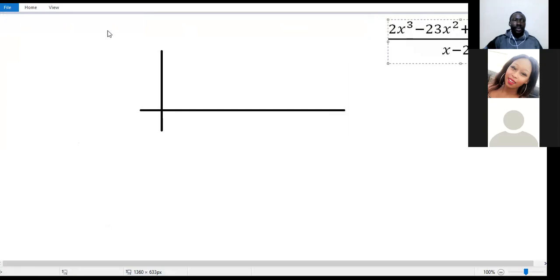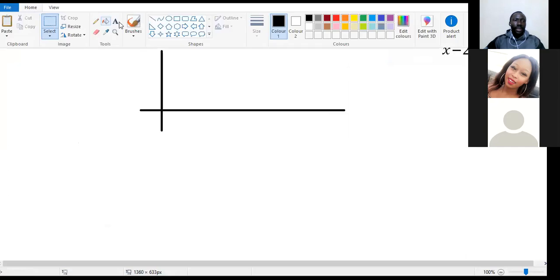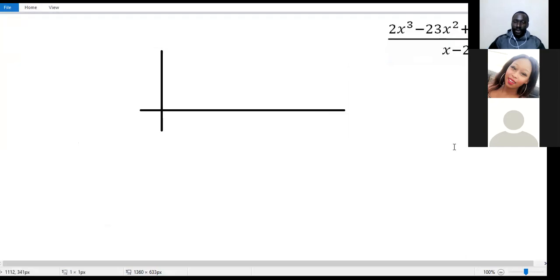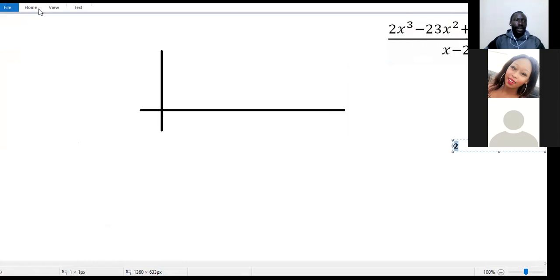So the thing now is, we calculated x and we got 2 for x. So we'll be writing it down here. We say 2 is the value of x that we have got. Let's make it a little bit big.